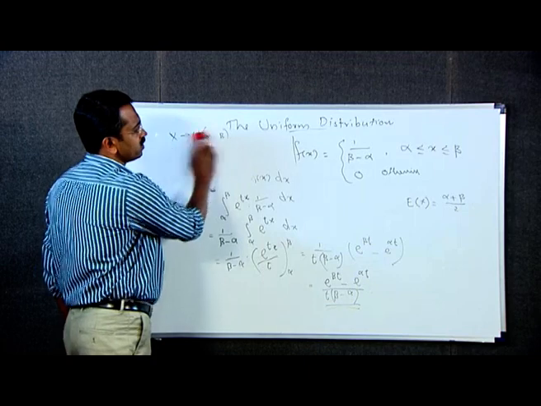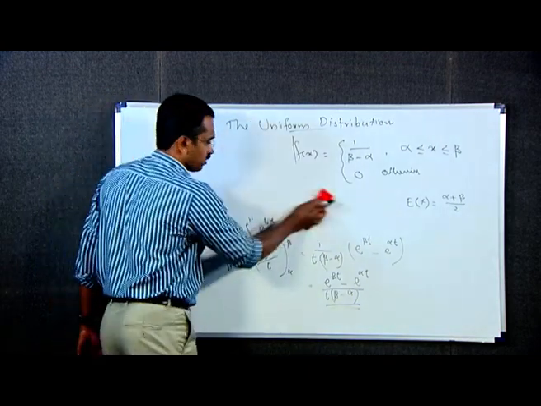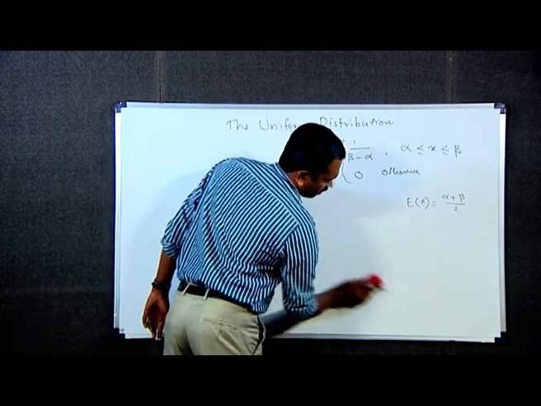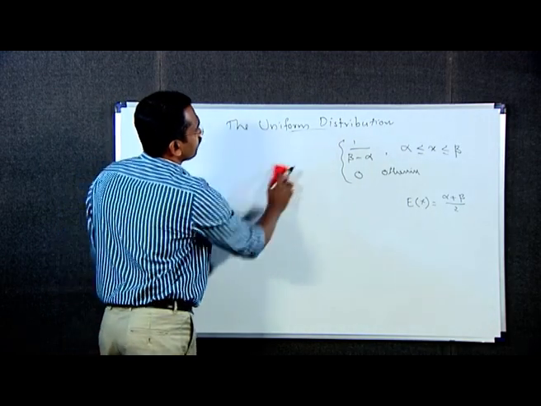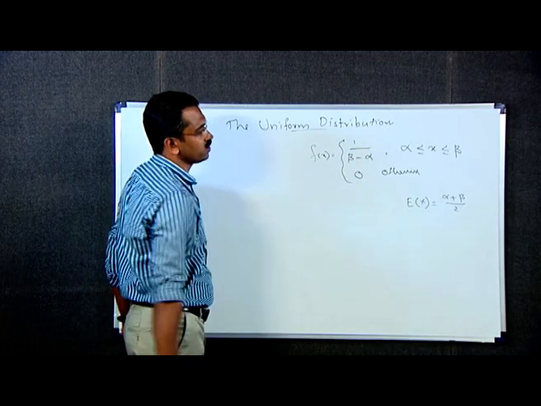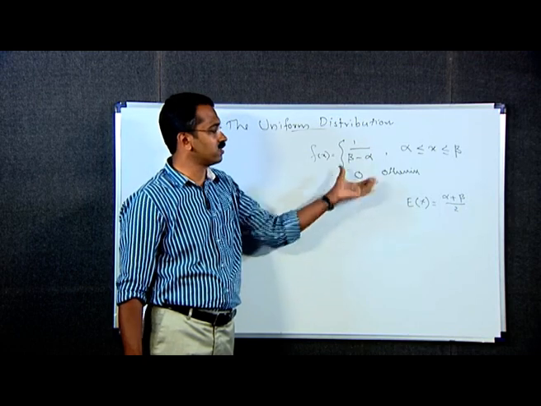Now we have to find the cumulative distribution function of the uniform distribution. Consider a random variable capital X having uniform distribution with parameters alpha and beta, then the probability density function is this.